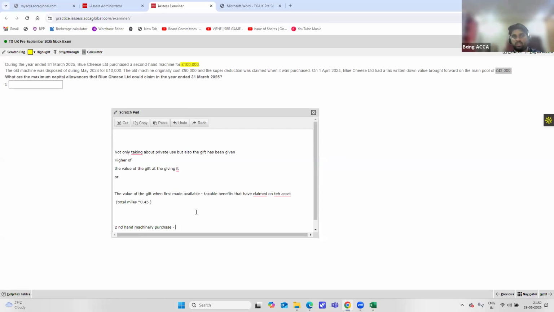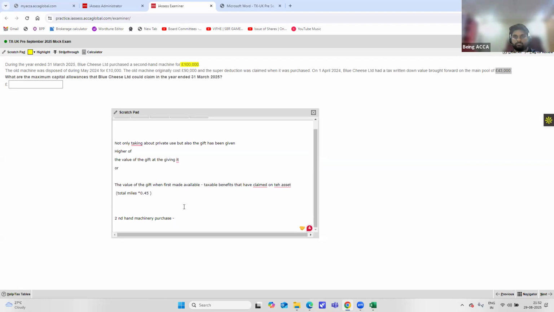What allowance will you claim on the second-hand machinery, guys? AIA. So there you get your 100,000 completely. That is your capital allowance.